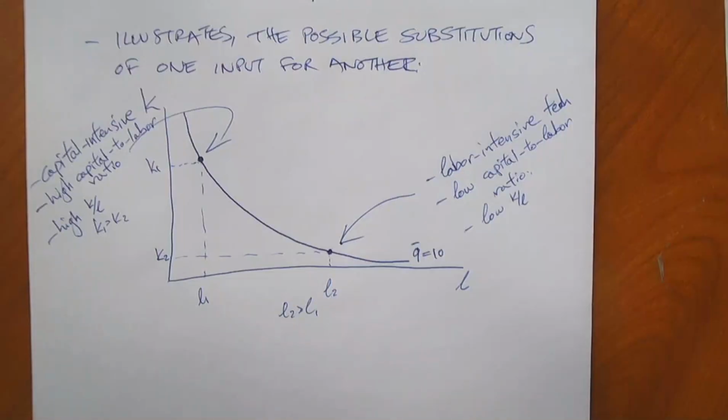Because these functional forms are not limited in terms of the extent of labor and capital. If you can think of a number for L and a number for K, no matter how unrealistic it is, you can have a Q. That's the beauty of the mathematical function.